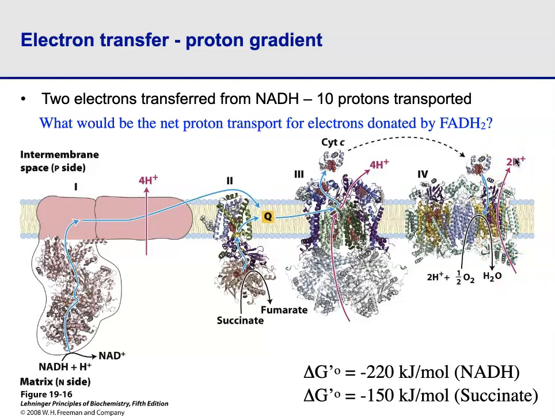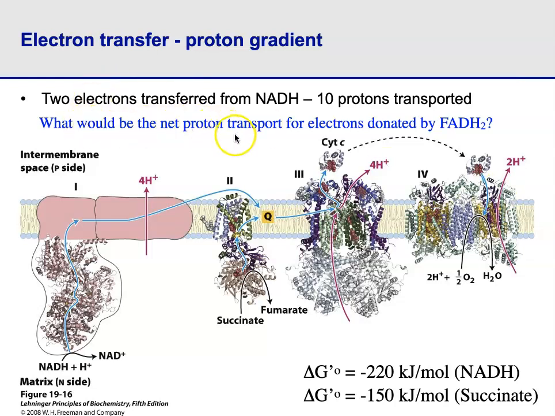So the total per electron pair carried by NADH, the total protons transported from the matrix to the intermembrane space is 10. 4 from complex 1, 4 from complex 3, and 2 from complex 4.